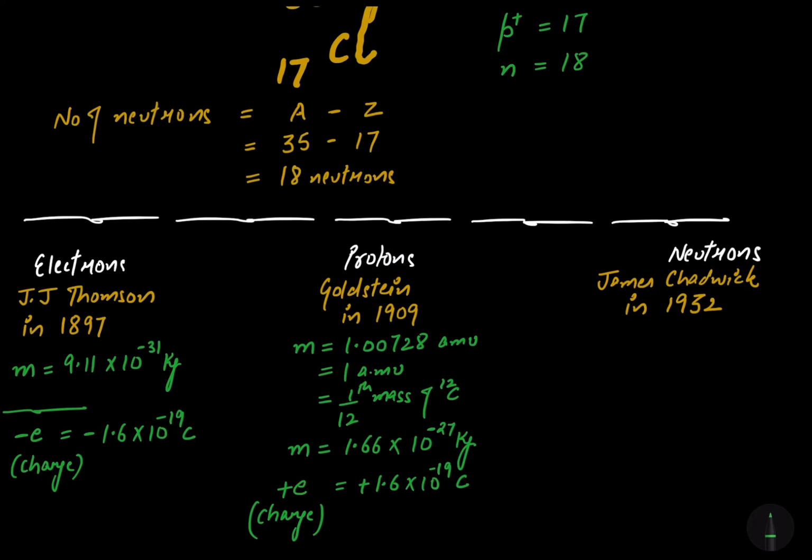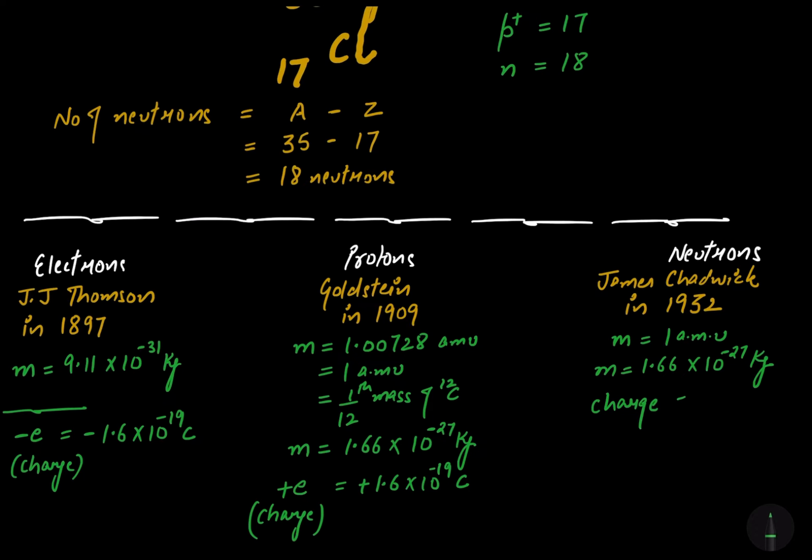Now let's talk about the neutrons. So what's the mass of neutrons? It's again 1 AMU. So the exact mass of neutron is the same, that is 1.66 into 10 to the power minus 27 kilograms.